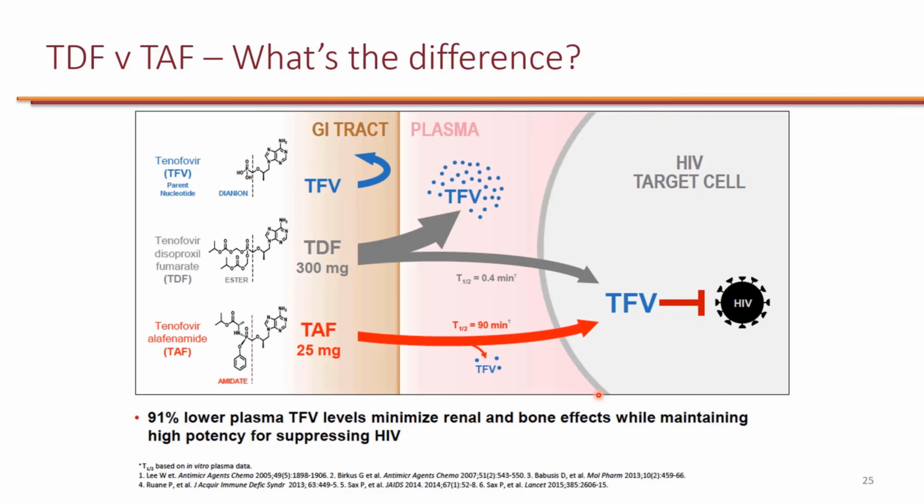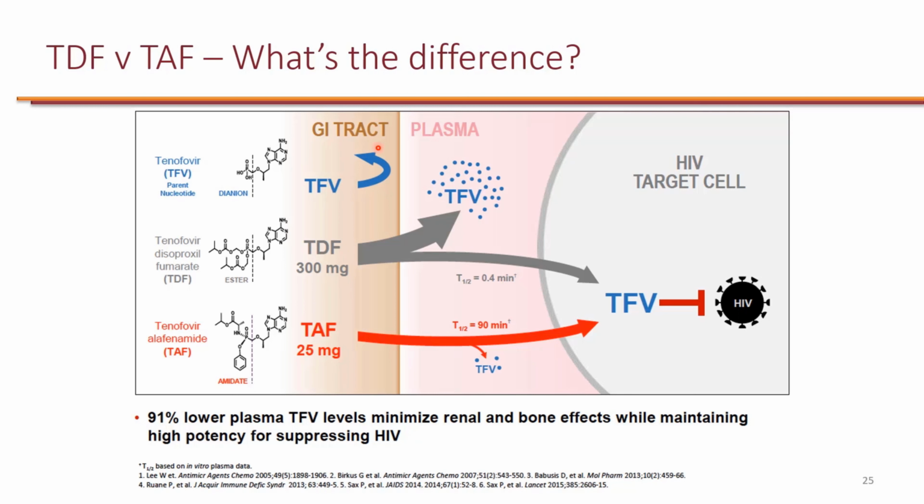Now let's take a look at the difference between TDF and TAF. So tenofovir itself is the actual drug. Tenofovir is the actual drug that's an analog of a nucleotide, and that's what needs to go inside the target cell to block HIV replication. The problem is when you orally take tenofovir, it's actually not absorbed.